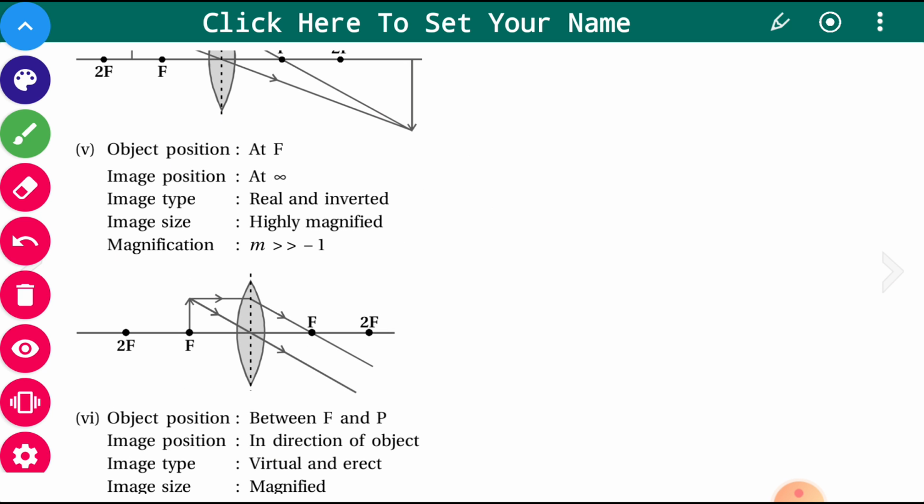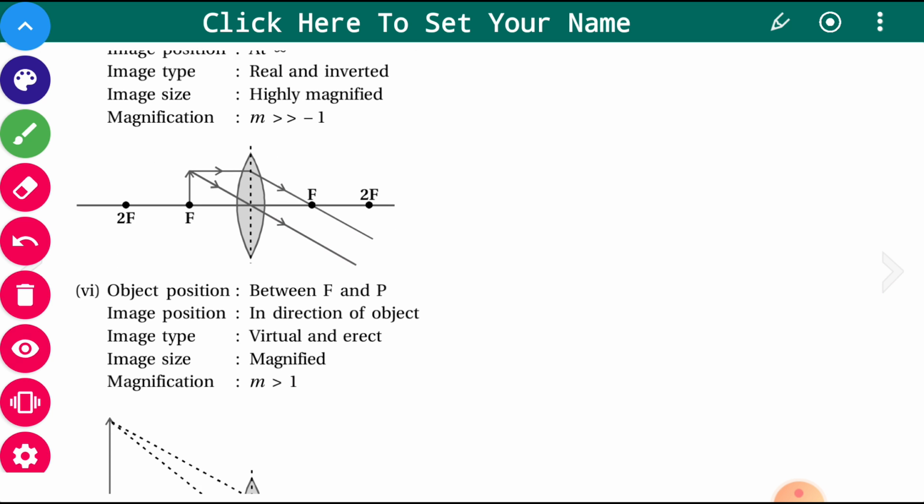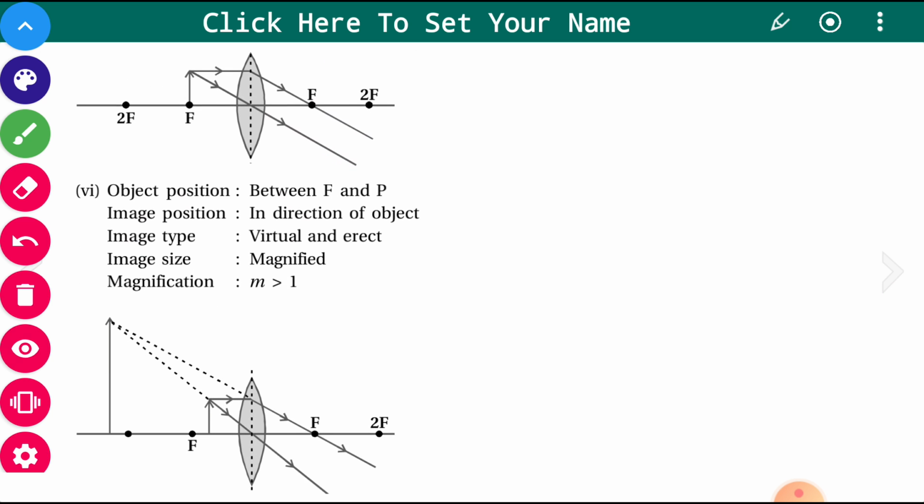When the object is at f, its image will not be formed; rather, it will be formed at infinity. These rays will meet at infinity. This is a highly magnified, enlarged and inverted image.